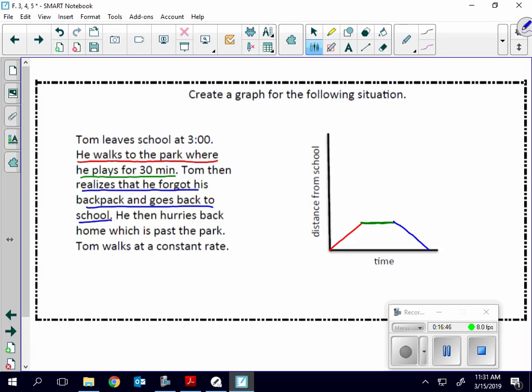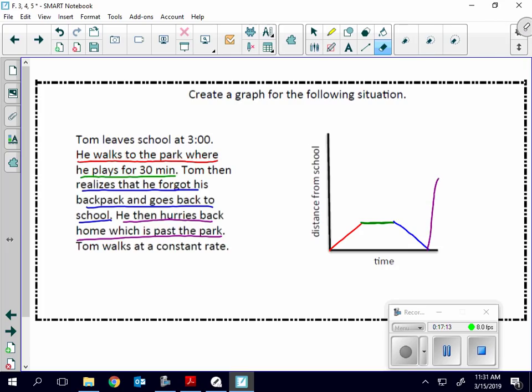Okay. Then the last part is going to be, let me change my color here. Then he hurries back home, which is past the park, which means it's further from the school than the park was. And the park is the green spot on the graph. So if I want to hurry, means I'm going to go faster, means my slope's going to be bigger, and I'm going past.